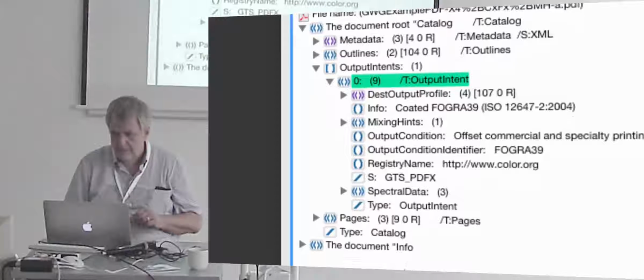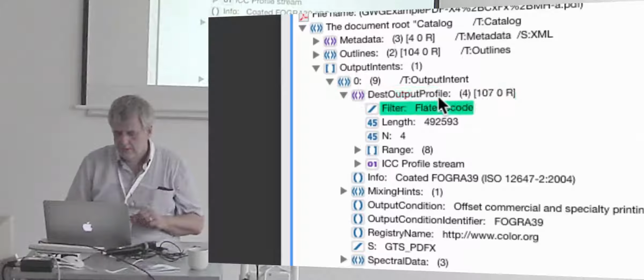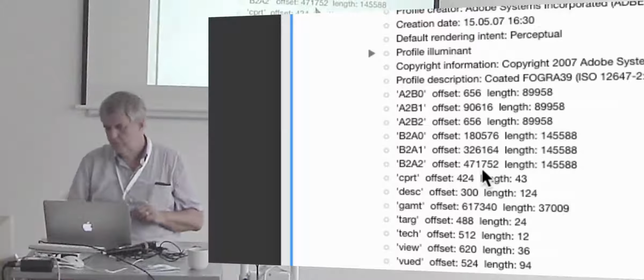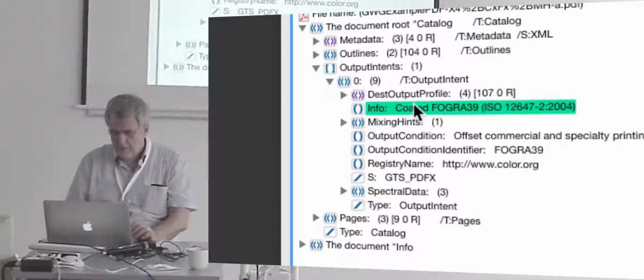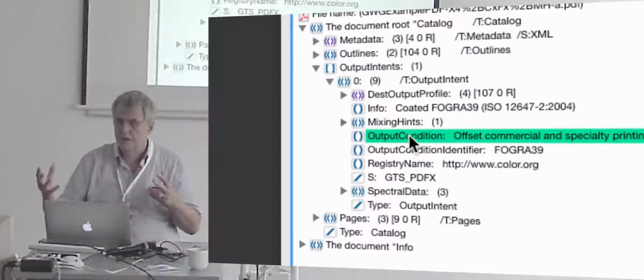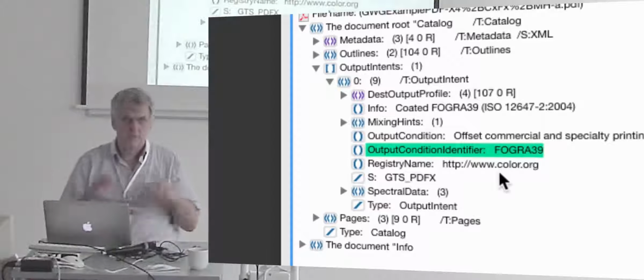I'll scroll up a little bit. So you have the destination profile, which is coded Fogra 39, so it's Adobe's profile for Fogra 39. It has some info. Ignore the mixing hints for a second. It has a description of the output condition, and the output condition identifier, which is Fogra 39.